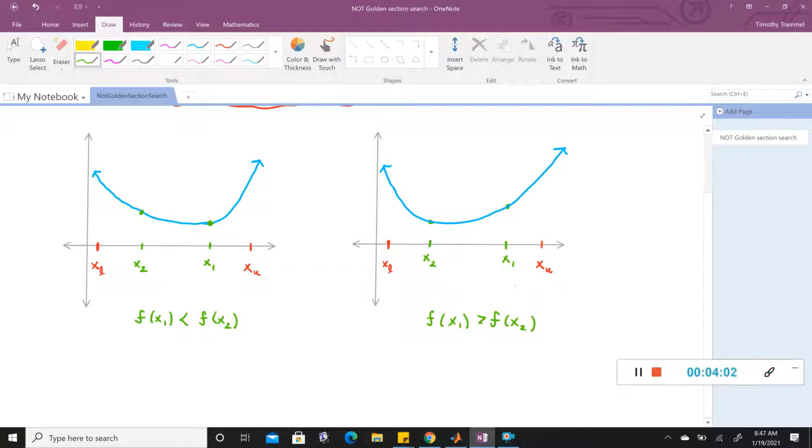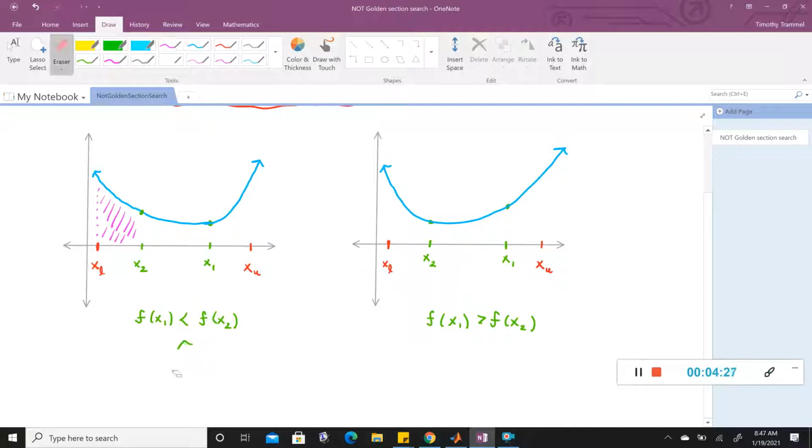All right, and so the question is, what does this tell us if, say, f of x1 is less than f of x2? Well, that tells us, in fact, that the minimum does not occur in this interval, assuming that we bracketed it well. So we're going to get rid of that section.